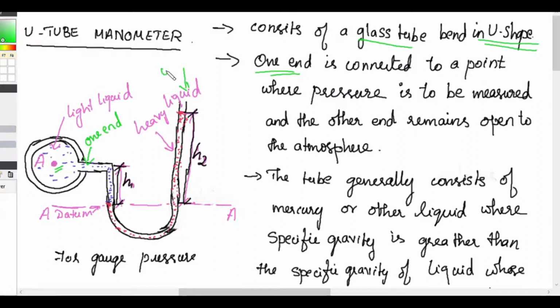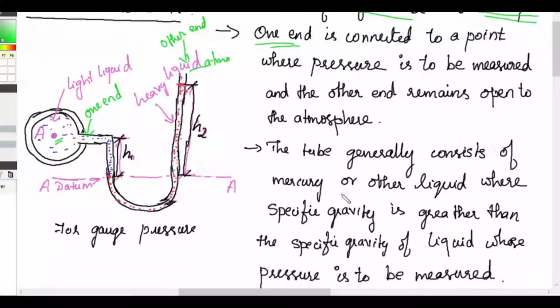Now, the tube generally consists of mercury or another liquid whose specific gravity is greater than that of the liquid. In the piezometer, we didn't have another liquid in the tube. We just placed the piezometer and the liquid got raised. Here in the U-tube manometer, we have another liquid, normally mercury.